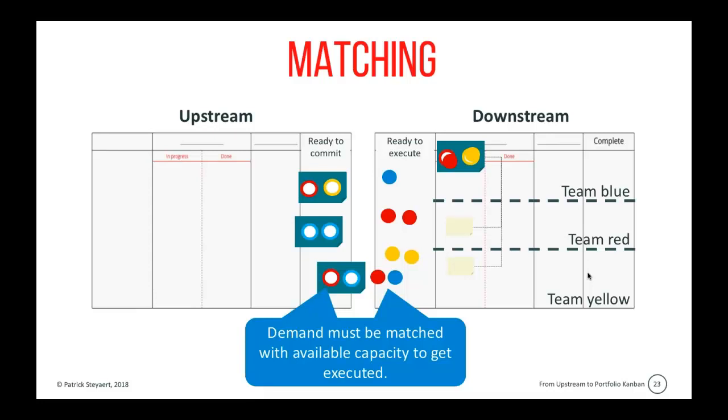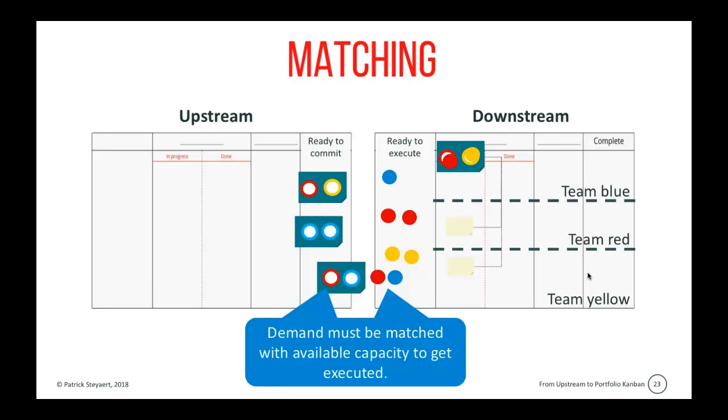So at the top of the downstream, we see a request that is in progress that required red and yellow competency. So the red team and the yellow team are both working on it. They can collaborate because they're working on it synchronously at the same time. So we actually facilitate the collaboration between the multiple teams.